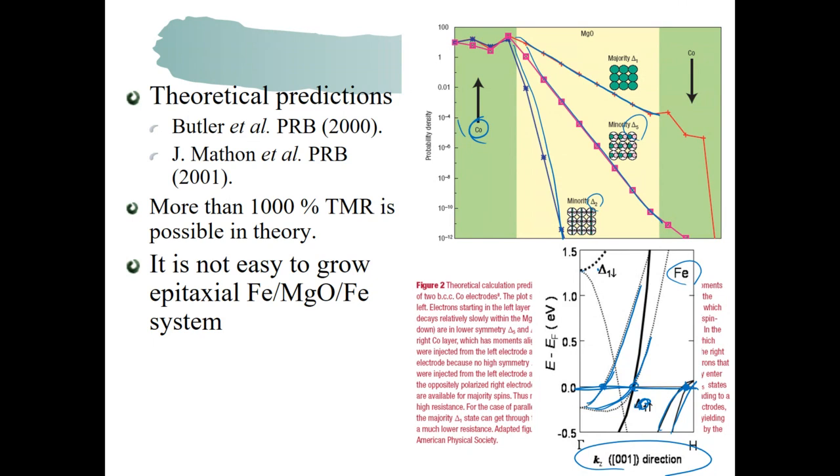In other words, with the MgO layer, only delta 1 electrons play the important role. Without disturbance from the other bands, the spin polarization is close to 100%, and finally we can get very, very large TMR values.